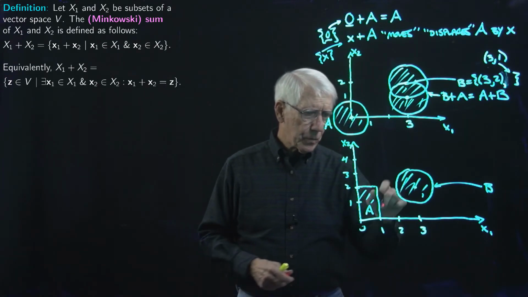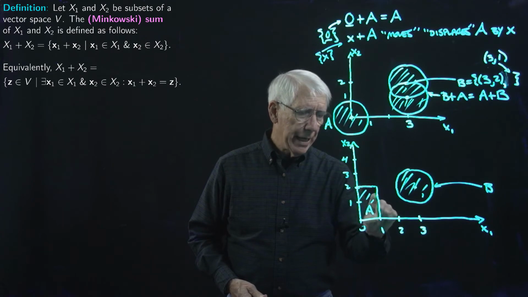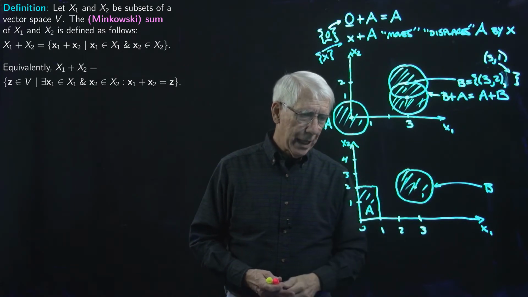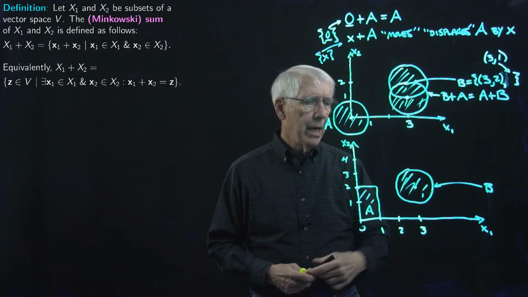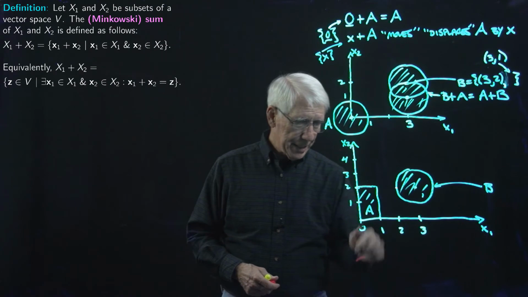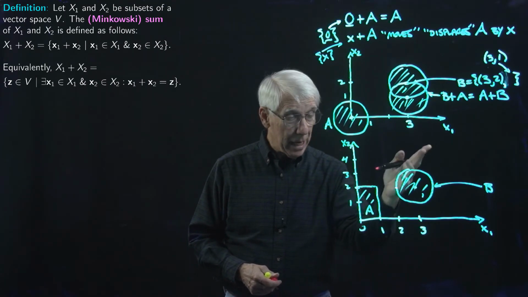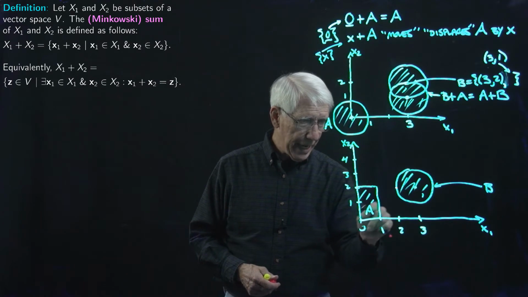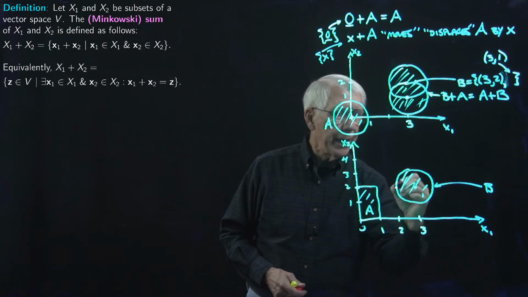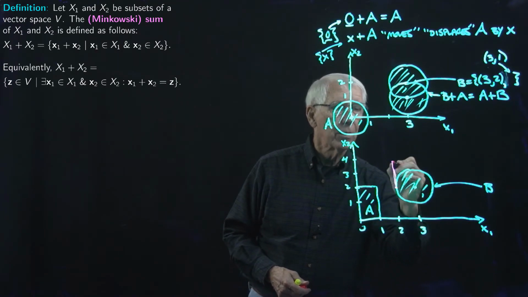I'm going to add every vector in A to every vector in B. The way I'll do that is I'll pick a vector in B, like this one over here, and add the set A to that vector, displacing A by that amount. And since the origin's in A, I can just pick this up and move the origin to there, and then this is supposed to be a vertical line here.